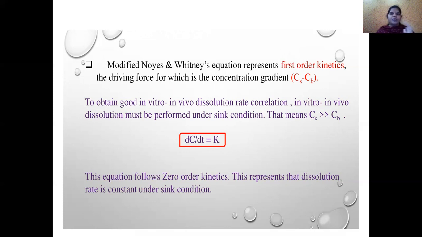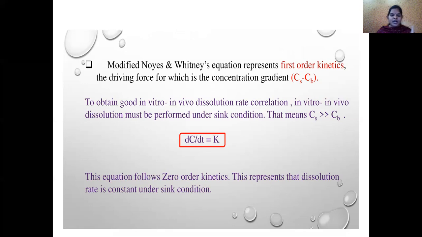So every time you should maintain a constant volume of that particular beaker in which your drug is dissolving. That is nothing but sink condition. The same constant level of fluid or volume required for dissolving your drug will be maintained, right? Same volume, that is nothing but sink condition.